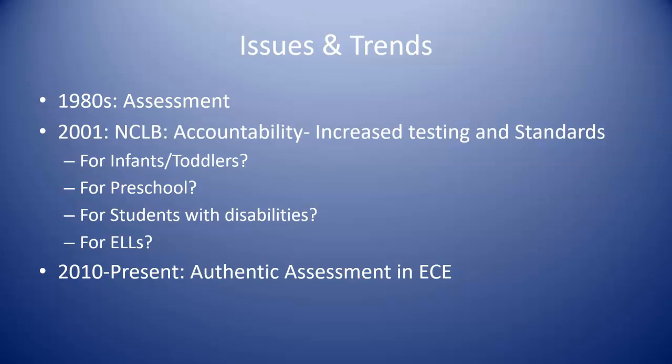That became more of a need for identifying children who had disabilities. And then in 2001, when No Child Left Behind was passed as a federal law, that really took assessment and testing to another level. But you see these points underneath. There were a lot of questions that were also raised about the appropriateness of testing for, say, infants and toddlers and young children and students with disabilities and English language learners.